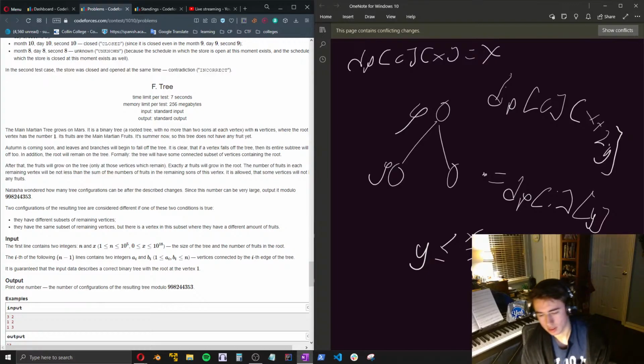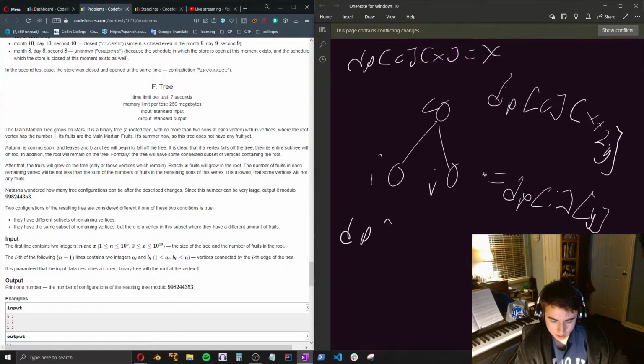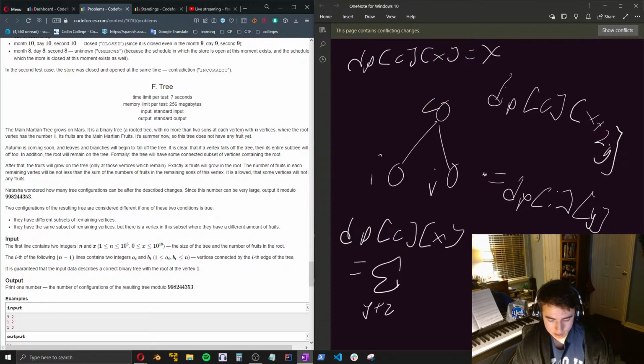Let's let this node be C, this be I, this be J. Then dp of C X will be equal to the sum of Y plus Z.